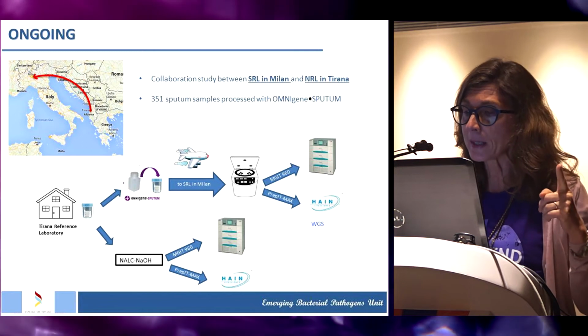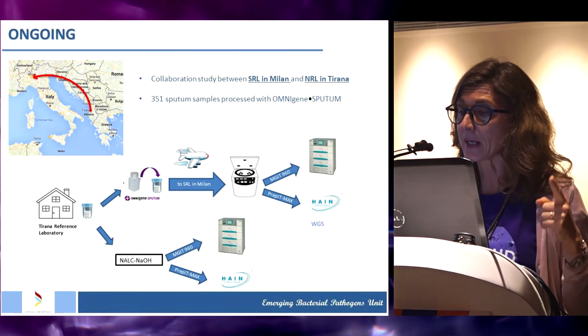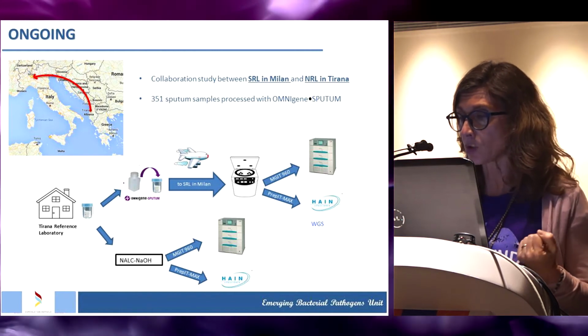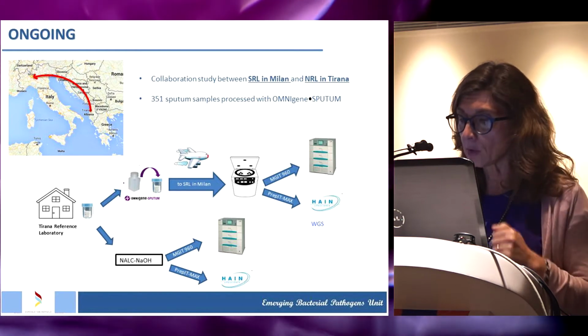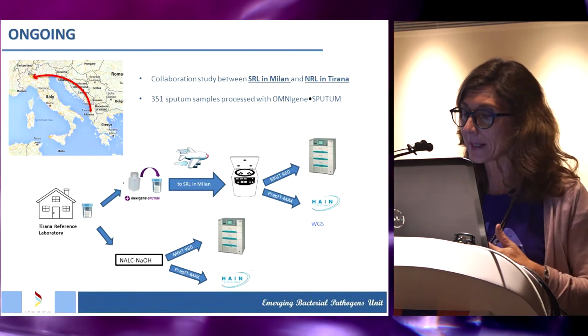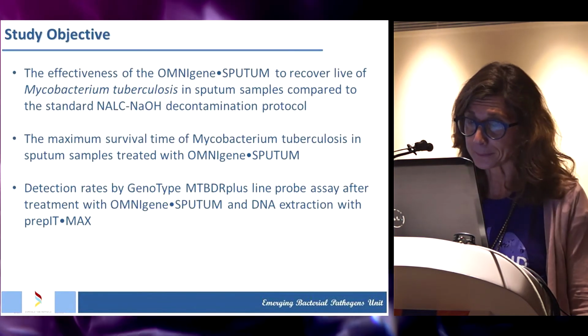In the maximum time of 10 days, they will be set up in culture and the hain test will be done. In parallel, Tirana will do the routine testing by decontamination protocol, MGIT and hain testing.